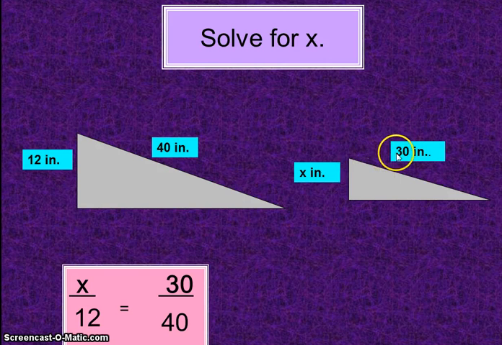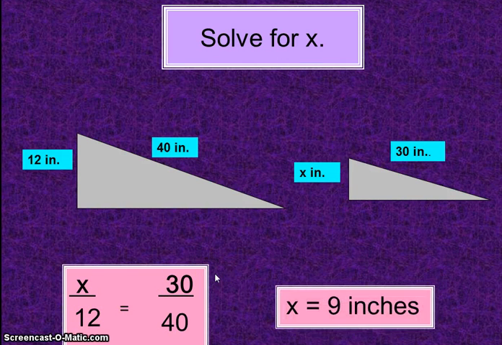If I chose the one on the right, x, over the left one here, 12, which correspond with each other, I have to choose 30 over 40. Keep it consistent. The math on this: x times 40 equals 12 times 30. That'll be 360 divided by 40, and you'll end up with 9.